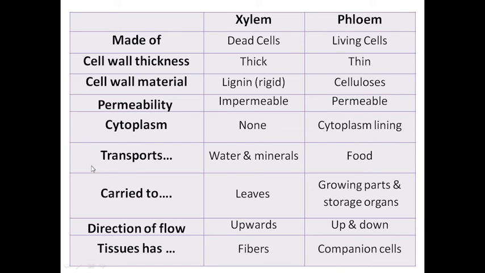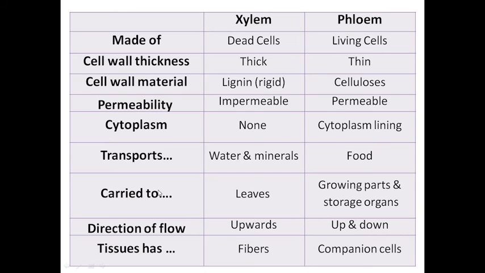Then transport, this is the main point. Who is transporting water and minerals? Xylem. And who is transporting food? Phloem. So these two points, what they are made up of and what they transport, you have to remember up to your 12th standard. Xylem is made up of dead cells, phloem of living cells. Xylem is for the transportation of water and minerals, whereas the food is transported by the phloem.